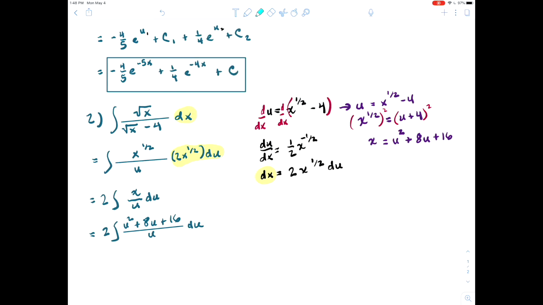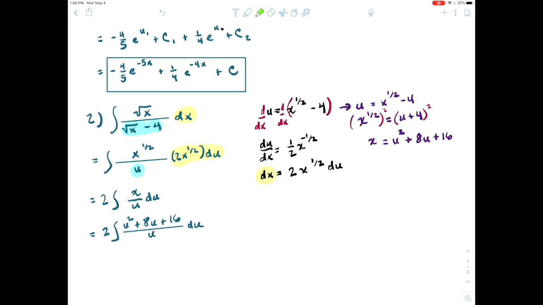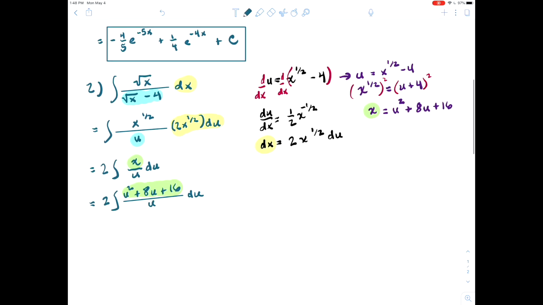Our u, remember, was the denominator. And so now our x right here was this right here, and we found that using this method here. Good so far? All right.